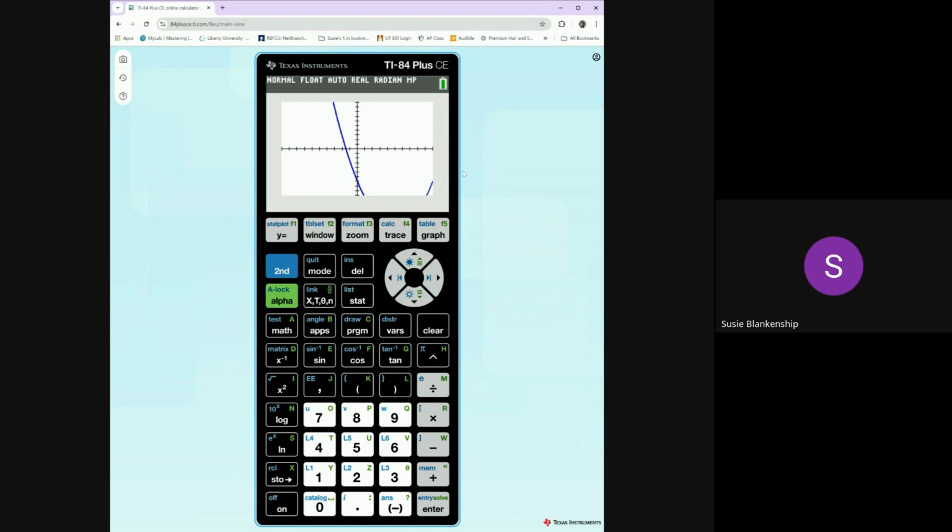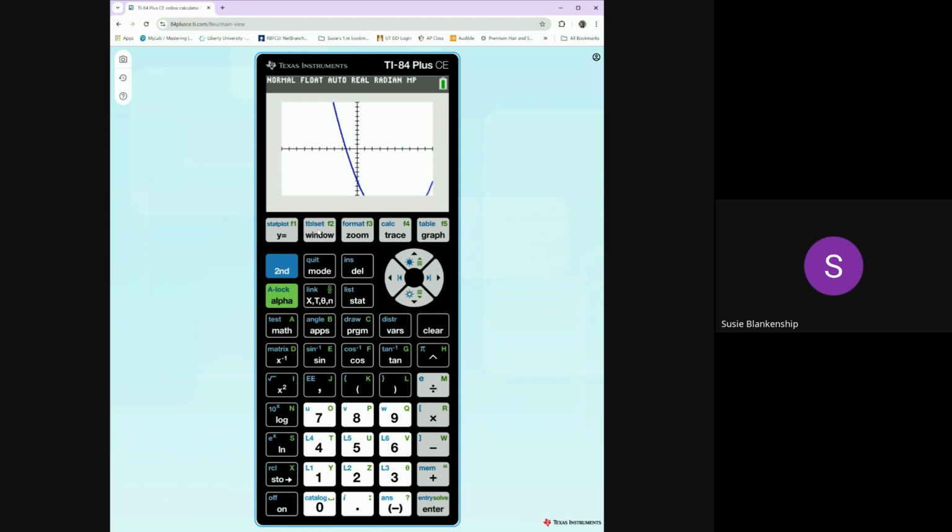So you're going to create your window. Find the window and fill in the blanks that you've been given on your sheet. So I'm going to do a window. Go back to my graph. So it looks like I need to go over more towards the X max and down towards more the Y minimum.